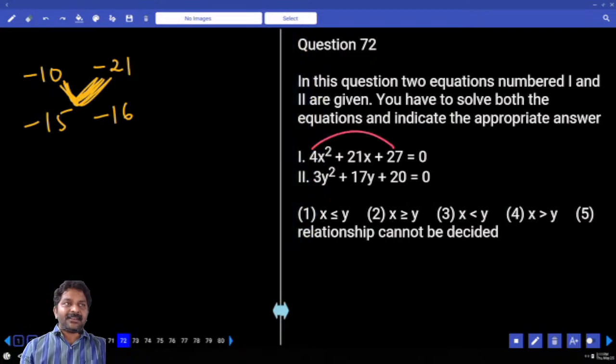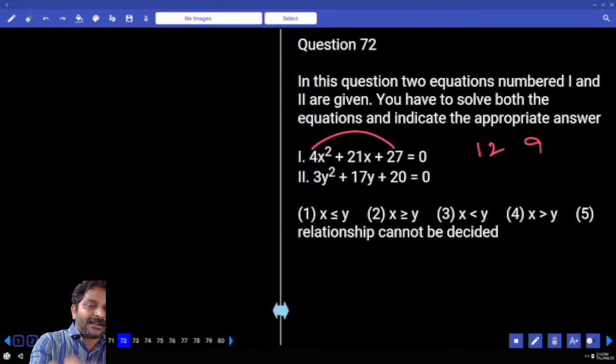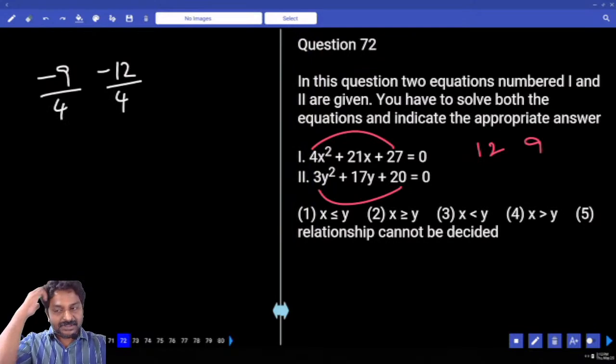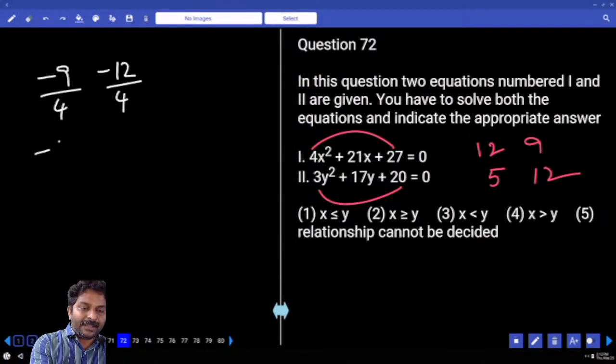4 into 27, 108. 108 can be written as 12 times 9. Then factors are minus 9, minus 12 divided by 4. 3 into 20, 60 can be written as 5, 12 times only. Factors are minus 5, minus 12 divided by 3.